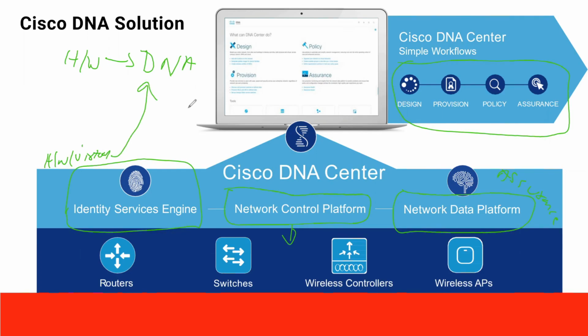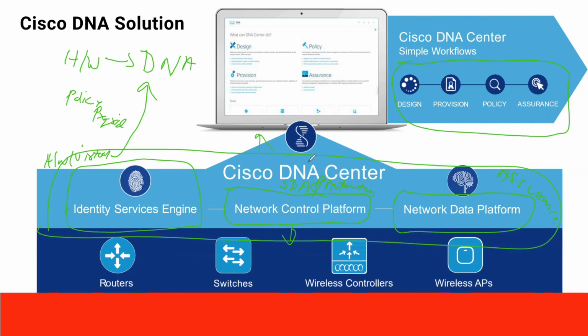This integrates with DNA using pxGrid for the policy part. The control platform and the SD-Access feature, and automation, can be enabled either separately or together in the DNA Center, and the network data platform is the assurance. All these three pieces are combined together to form the SD-Access solution.